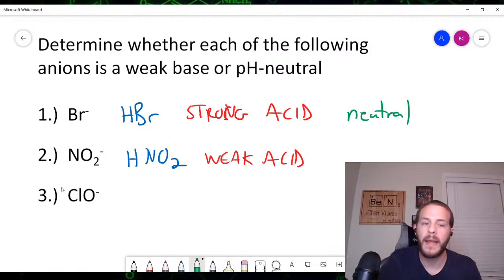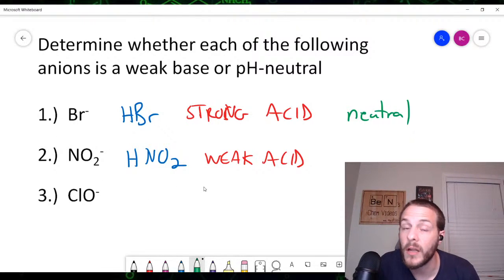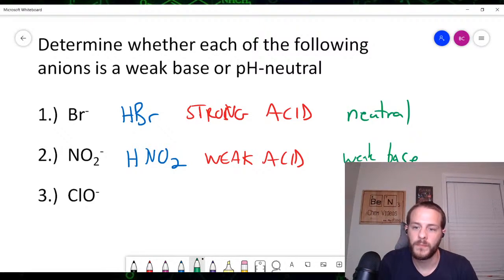And therefore, since our anion is the conjugate base of a weak acid, it is going to behave as a weak base.